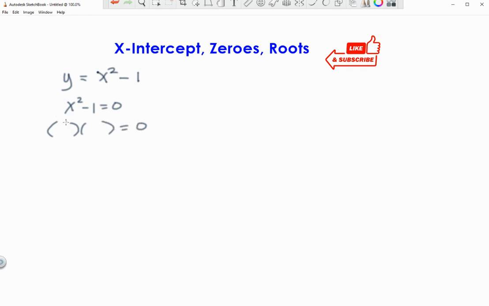We can factor this as x plus 1 and x minus 1, right? And so therefore you have two values here, x plus 1 equals 0, x minus 1 equals 0. And then you solve for each one. The first one is x equals negative 1, and then for the second part, you add 1 on both sides, x equals positive 1. So that means you have two x-intercepts for this equation right here, okay?